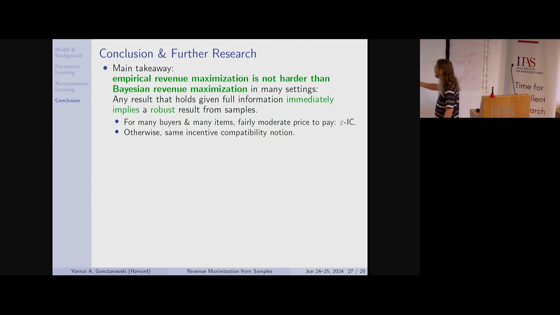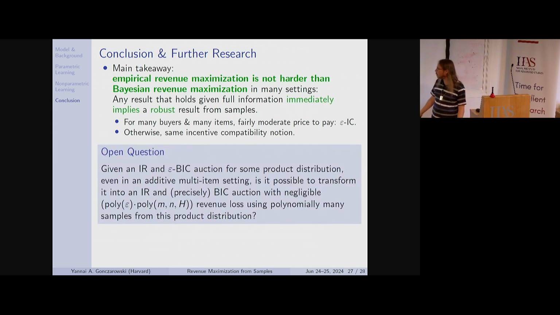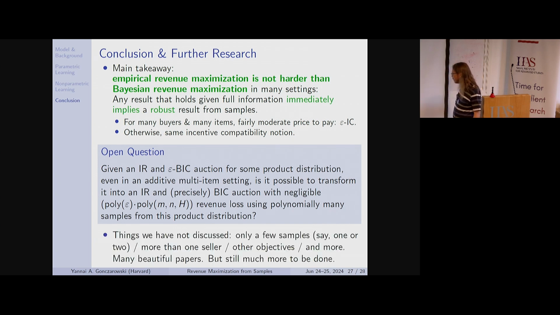For many buyers and many items, you pay an epsilon on the incentive compatibility, otherwise you don't even pay that. That's my main message to you from today. The open question is, can you get rid of the epsilon and do a precise BIC, or get rid of the epsilon and do a mechanism that approximates the optimal one, for the samples.